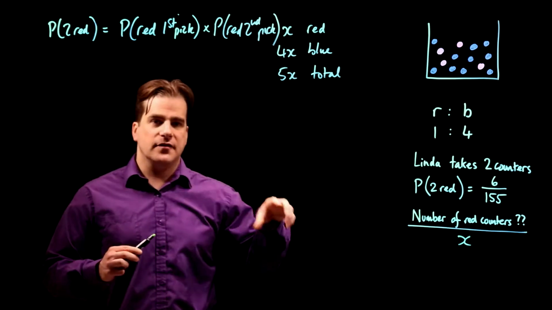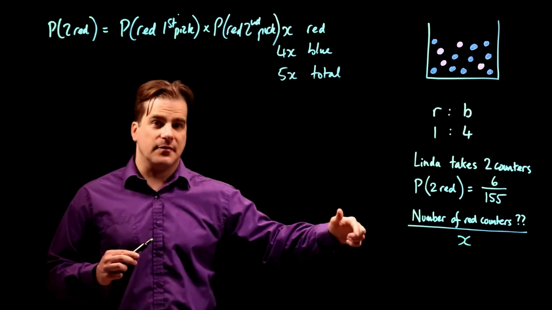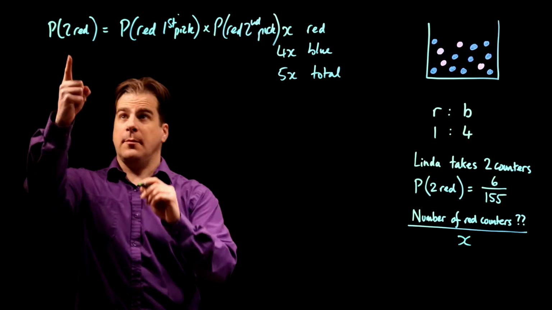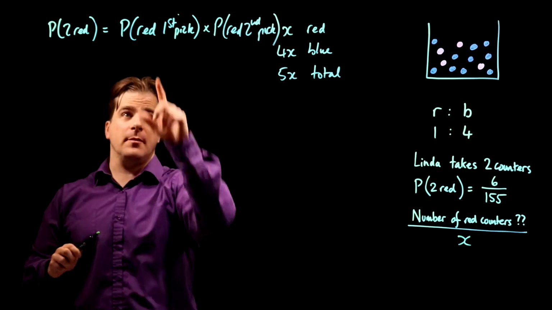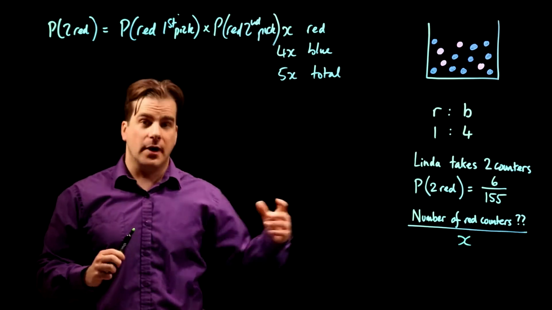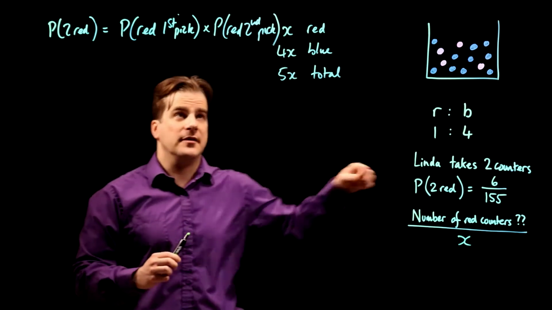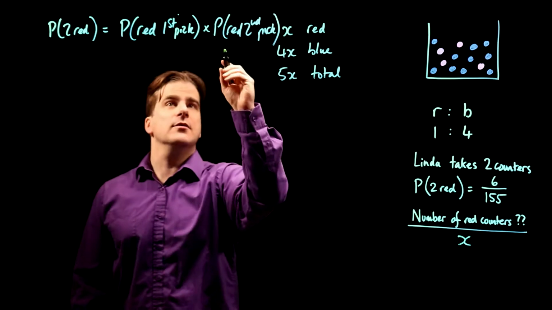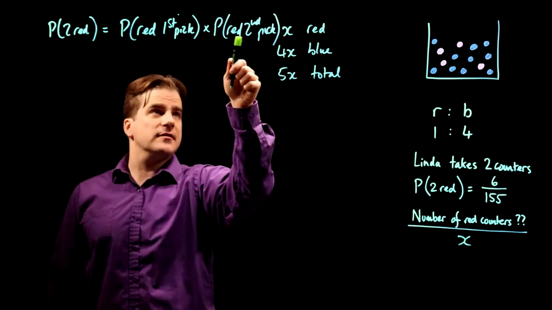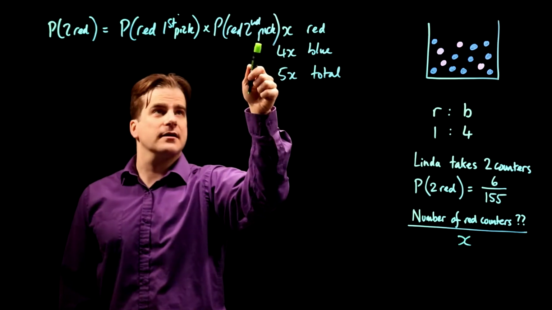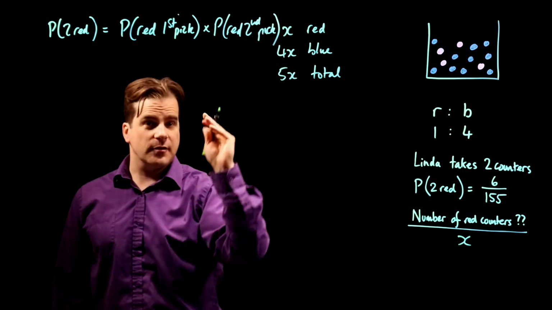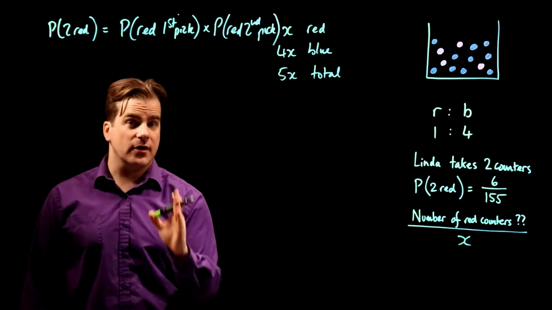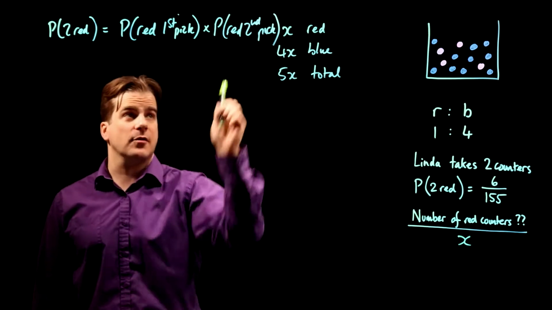The probability of something happening and then something else happening, you multiply the probabilities. So probability of 2 red overall is probability of red with the first pick multiplied by the probability of red with the second pick. But it's probability without replacement. So for that second one, you have to bear in mind that you've already chosen a red with the first one, and that affects this probability.